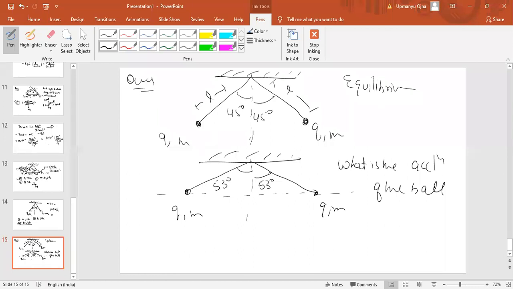Can we solve this problem? I'll give you 2 or 3 minutes to solve it.